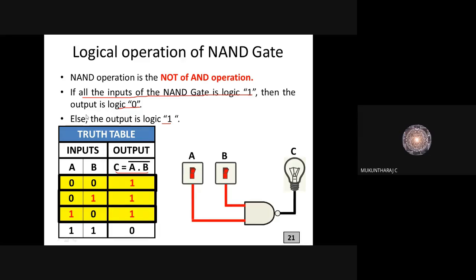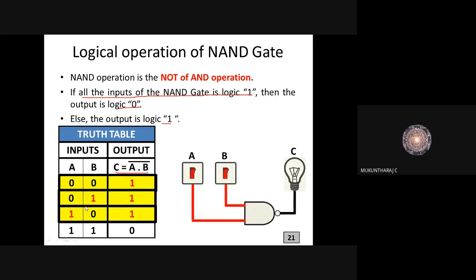You can compare this statement and the truth table. If all the inputs are logic 1, A and B both logic 1, then the output is logic 0. Otherwise, the output will be logic 1. Alternatively, you can say that if any one of the inputs of the NAND gate is 0, then the output of the NAND gate will be logic 1.